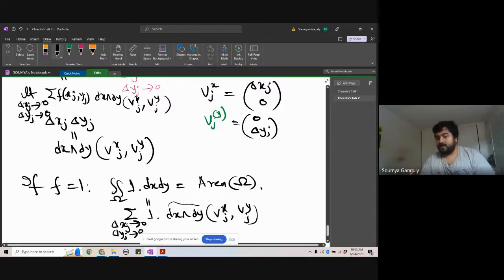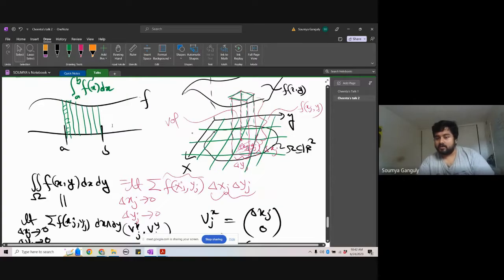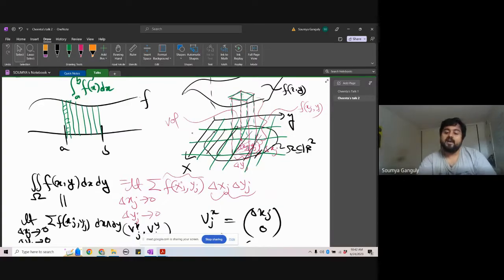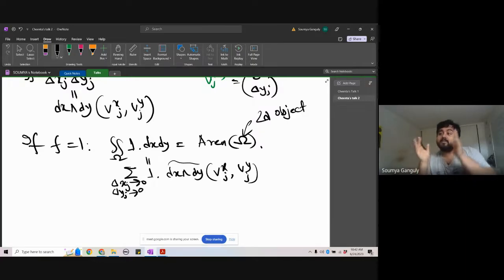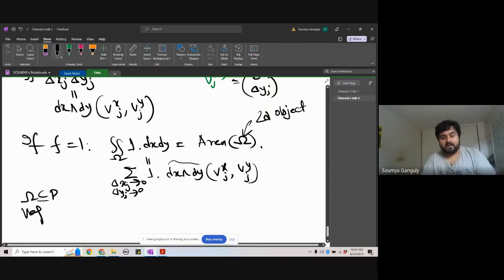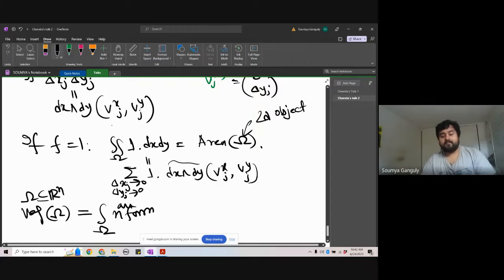This is important. Omega was a two-dimensional object because it was in R2. If it was a domain of the function, which is in R2, this is omega. So omega was a two-dimensional object in R2, and the area of this two-dimensional object can be thought of as an integral of a two form. Similarly, if omega is in Rn, the volume of omega is basically the integral of an n form on omega.